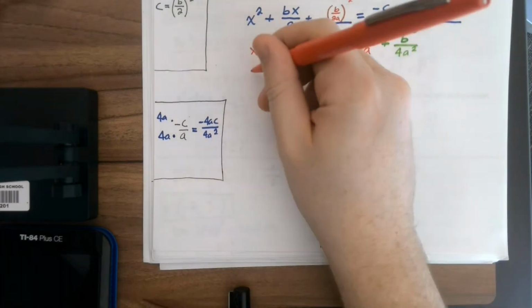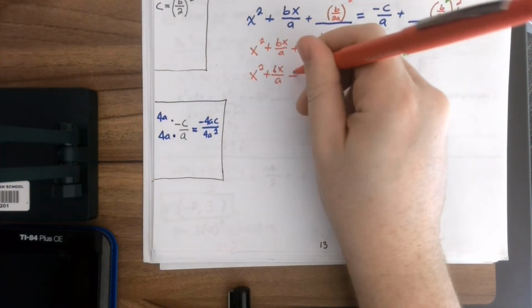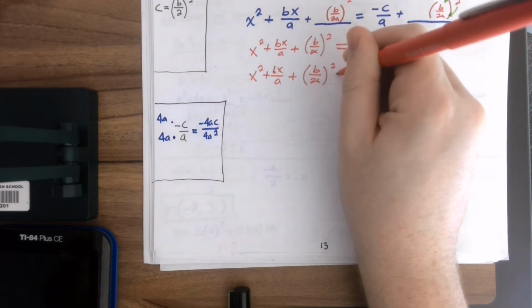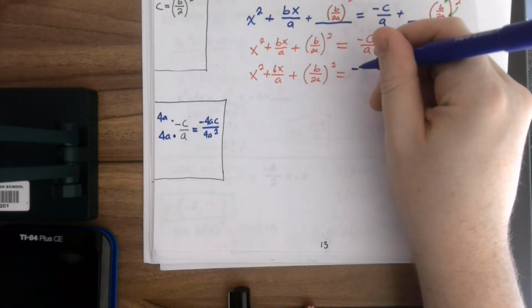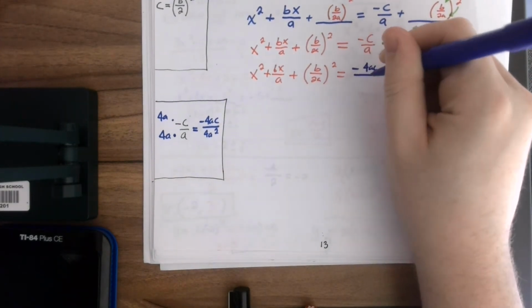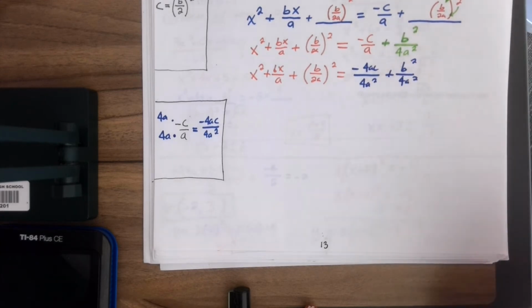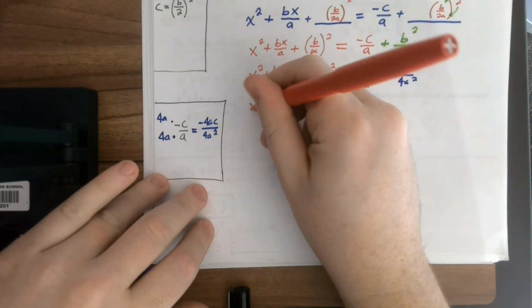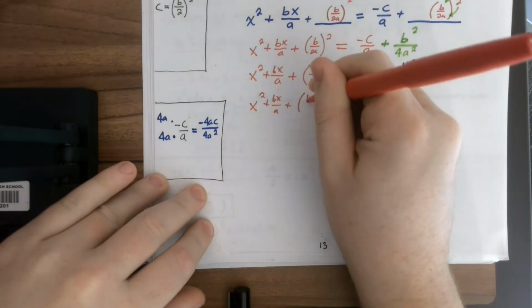We can rewrite this then as, again, our left side will stay the same because I don't want to mess with that just yet. That's a whole different thing that we're going to worry about. Instead of negative c over a, we could write this as negative 4ac over 4a squared plus b squared over 4a squared, which we know can combine. On the right side again, all we're worrying about is the right side for right now.